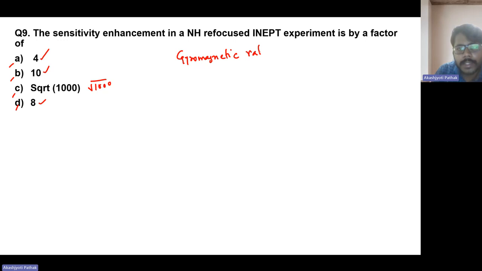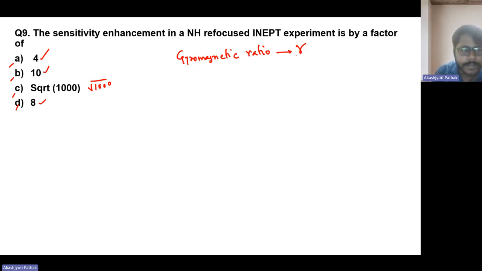So this gyromagnetic ratio is a key determining factor of the sensitivity of NMR, along with the external magnetic field. The higher the external magnetic field and the greater the gyromagnetic ratio, the better. But the gyromagnetic ratio is an intrinsic property of a nucleus, so you cannot change it. It is the inherent property of a particular nucleus.